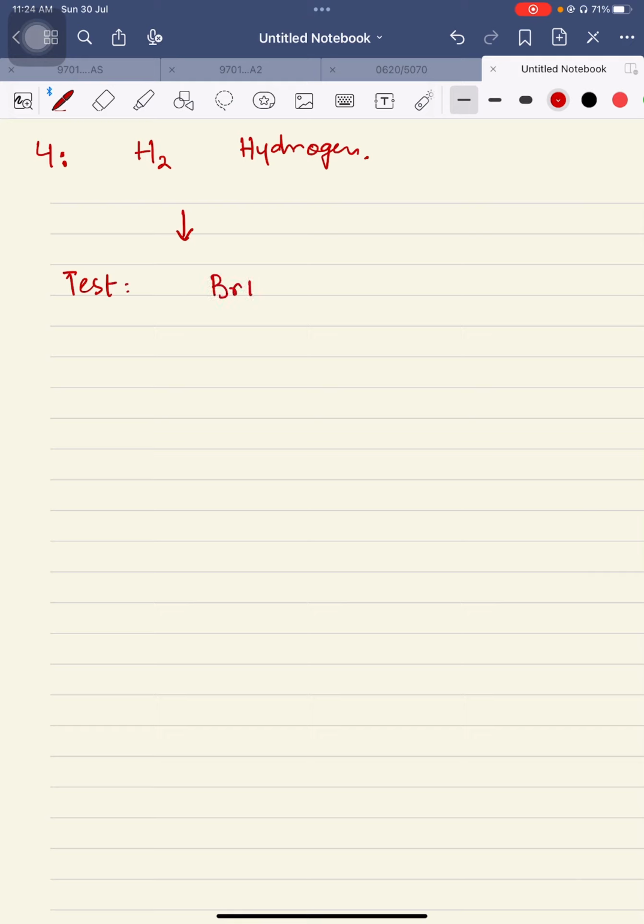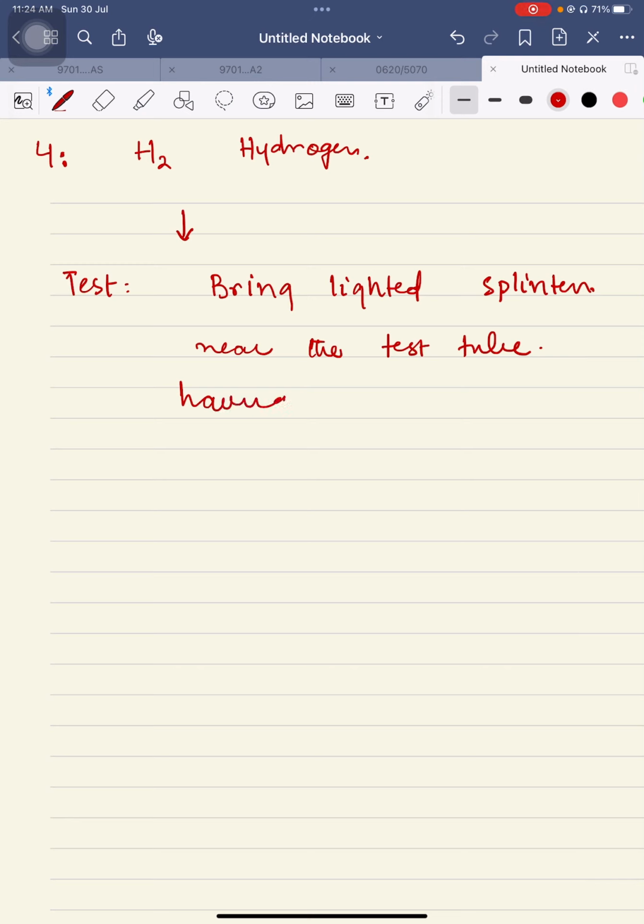Bring the lighted splinter near the test tube having hydrogen gas.